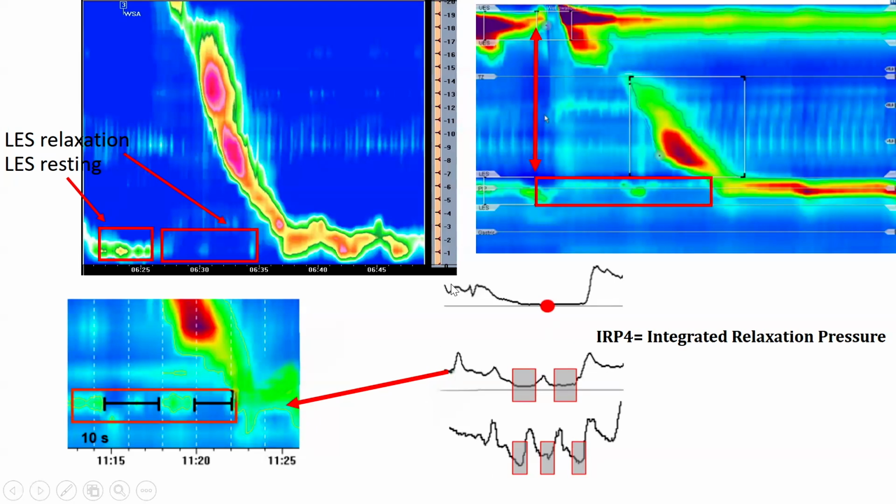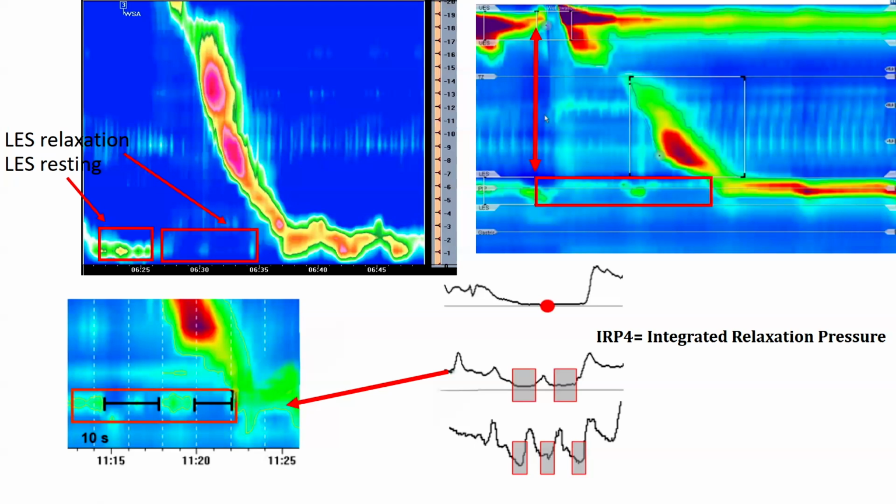Again, here we have 10 seconds. The software will search for the lowest relaxing pressure lasting 4 seconds. In this case, within this 10-second window, the software will look for the lowest relaxing pressure. Here it lasted for 2 seconds. That's not enough, so the software will look for another lowest relaxing pressure for another 2 seconds.